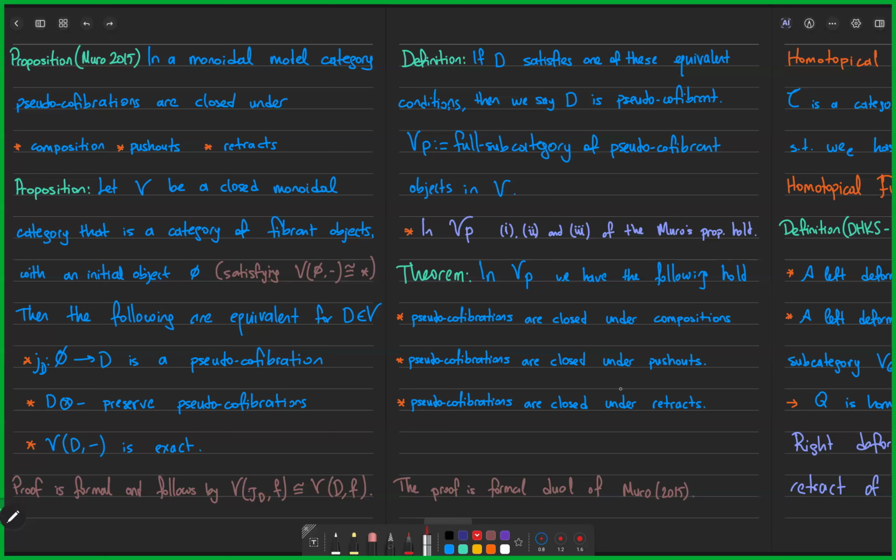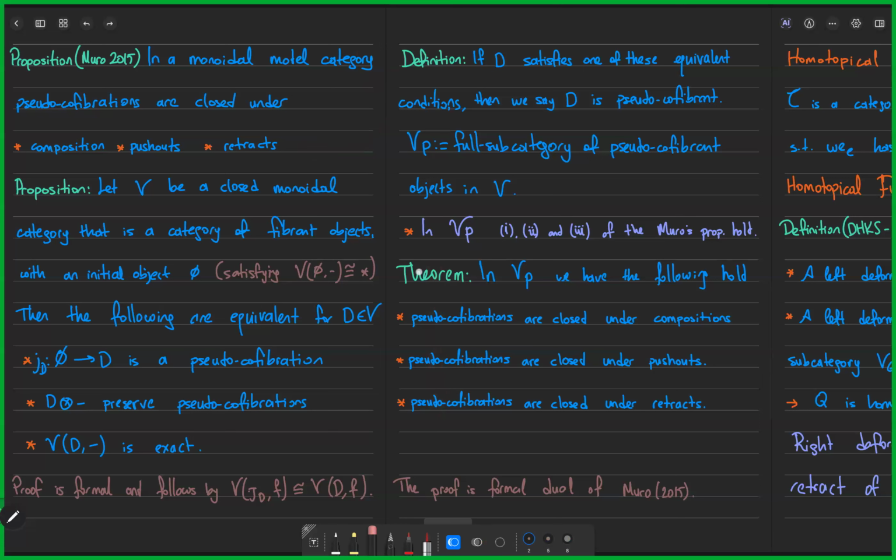They are closed under pushouts and closed under retracts. The proof is actually a formal dualizing of this. Since there is no lifting condition, etc., we cannot do Joyal-Tierney calculus, but we can formally dualize the proof of Muro and obtain this theorem or proposition.